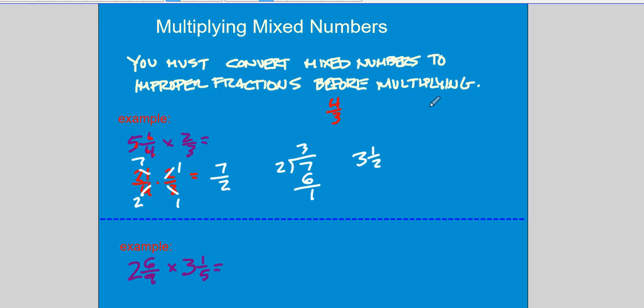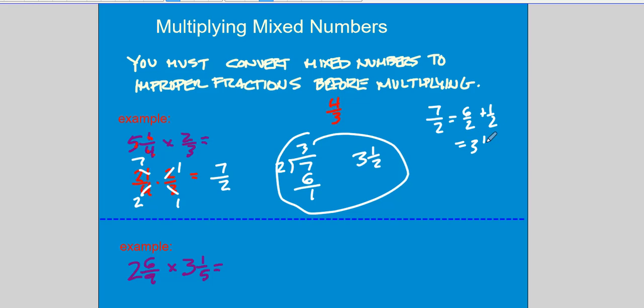So let's look at 7/2 a minute. This is the way you want to do it, but you could also write this as 6/2 plus 1/2. Well, 6/2 is 3, so you could do it that way, but this is a lot more efficient. Now 5 1/4, why does this work? Why does it become 21/4?